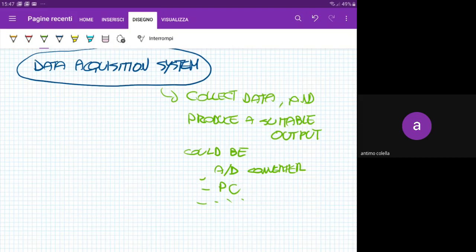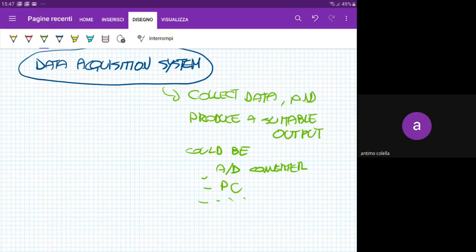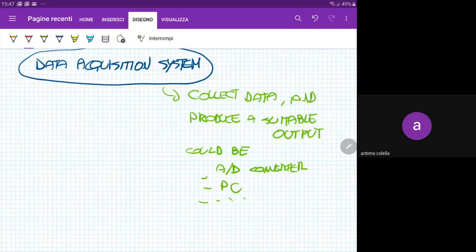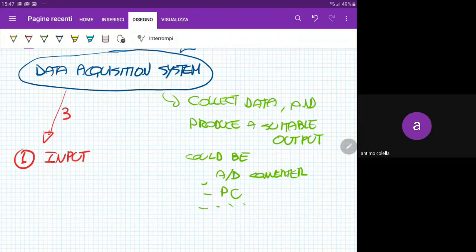Now, this data acquisition system is composed of three main elements. Let's see them all. I can write it there, 3 stages.